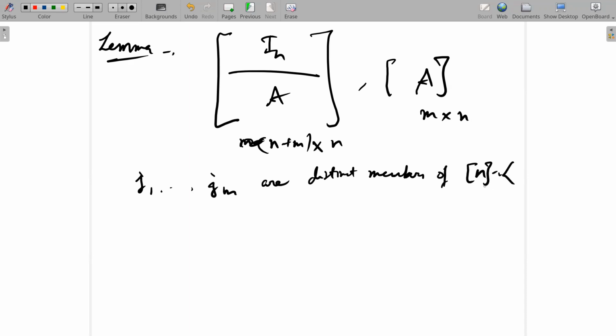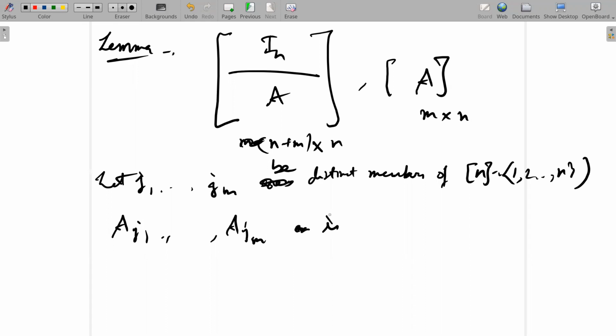So let me use this notation. This is pretty standard notation in combinatorics. This means the set 1 through n. Okay. So let j_1, j_2, ..., j_m be distinct members of [n]. So the lemma says you take these columns a_j1, ..., a_jm of A. So this is a basis for R^m if and only if... here we are talking about columns, right?